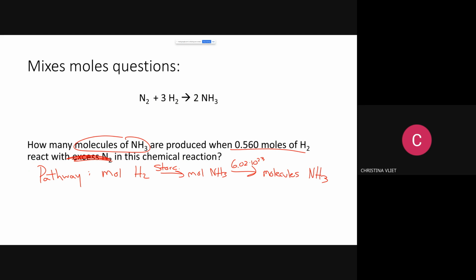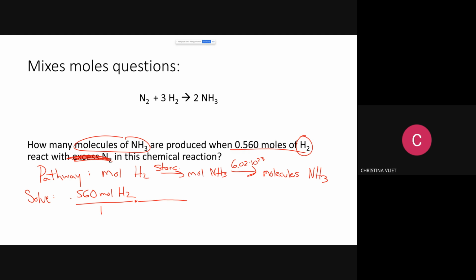So let's solve the question. To solve, start with the 0.560 moles of H2 over 1. Multiply by what goes on the bottom and what goes on the top. What's my A and what's my B?